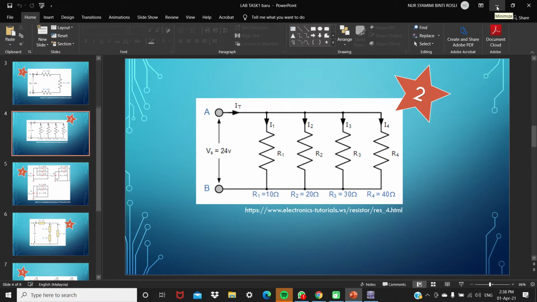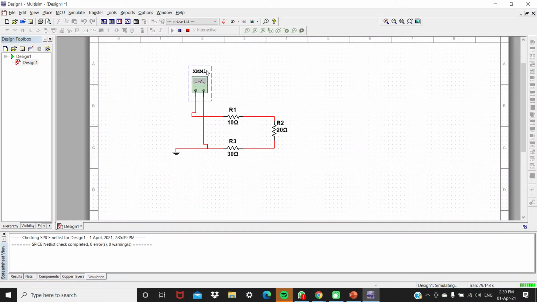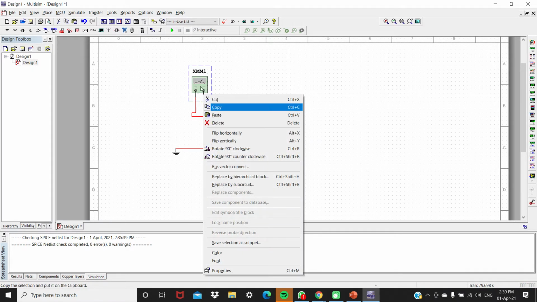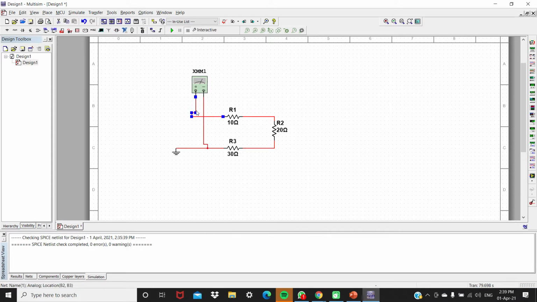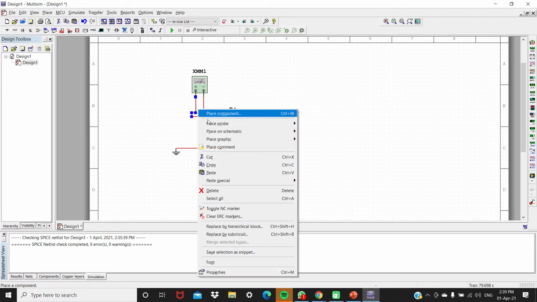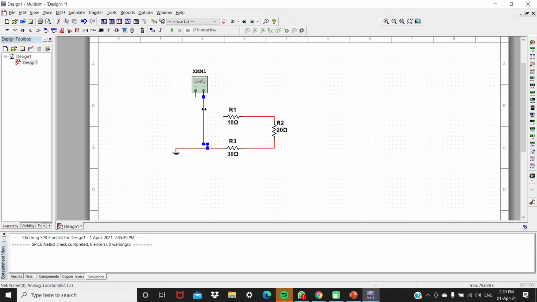Remember yesterday my question was, if we were to have a group of resistors connected in parallel mode, what would be the current at I4, I3, I2 and I1? Okay, let's do this. And we need the voltage source.